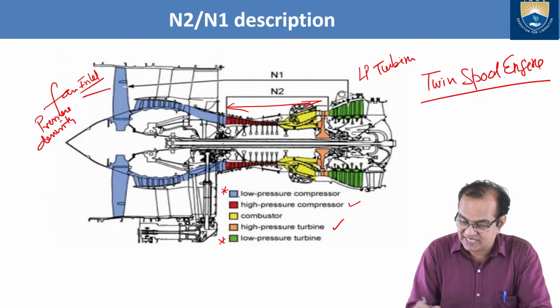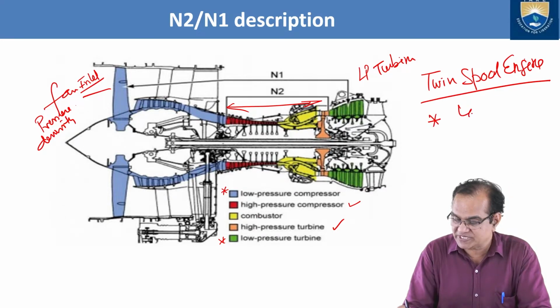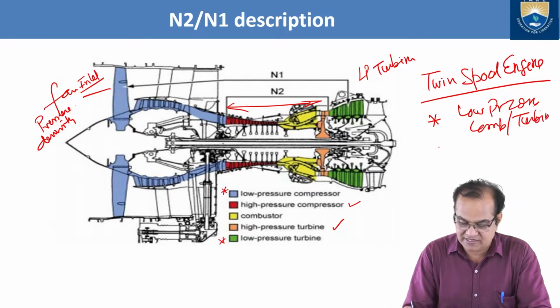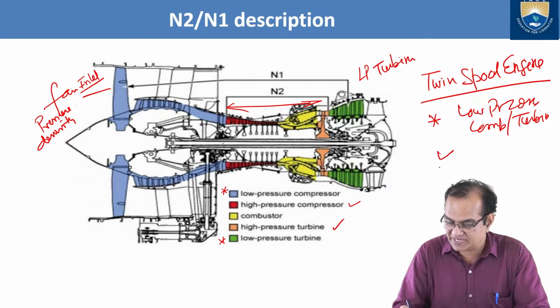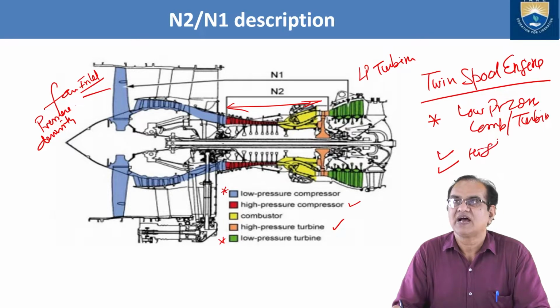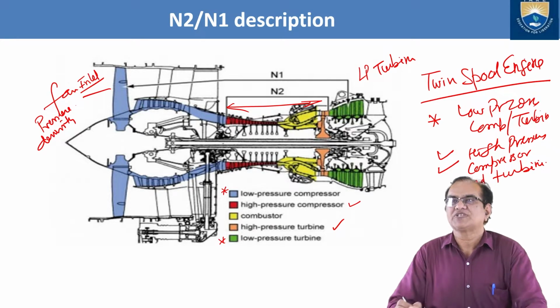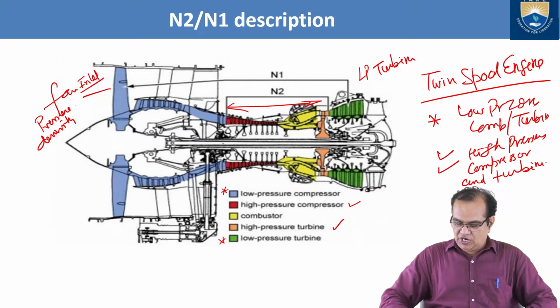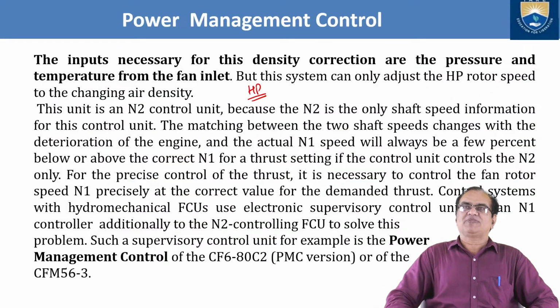One is the star mark, that is the low pressure compressor and turbine. Then we have the high pressure compressor and turbine. So this is called the twin spooling or spooling of the engine.